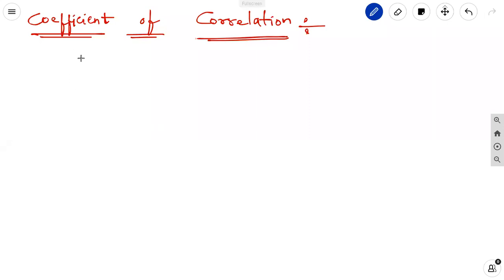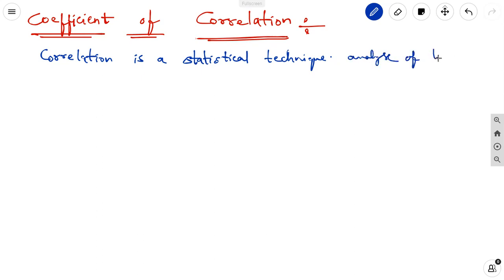Next definition is the coefficient of correlation, and we can find the coefficient of correlation by Karl Pearson's method. Correlation is a statistical technique used for analyzing the behavior of two variables x and y.